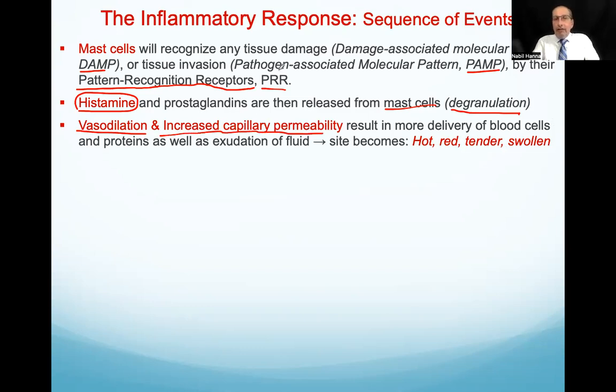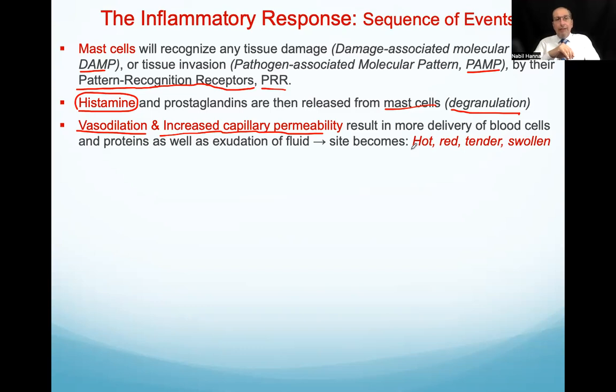And the increased capillary permeability will allow fluids and chemicals and water to ooze out, and this will result in more delivery of blood cells and proteins, as well as exudation of fluid, and that site, the inflamed site, will become hot, red, tender, swollen. And these are the four cardinal local manifestations of inflammation.